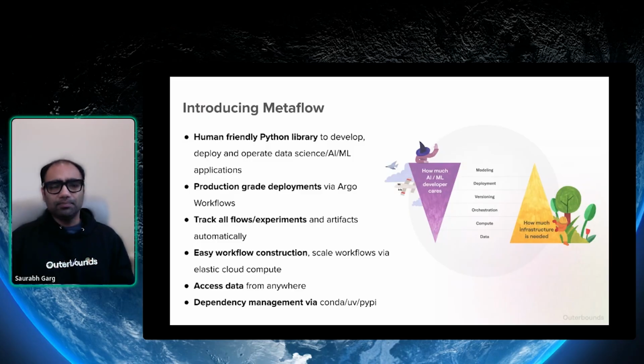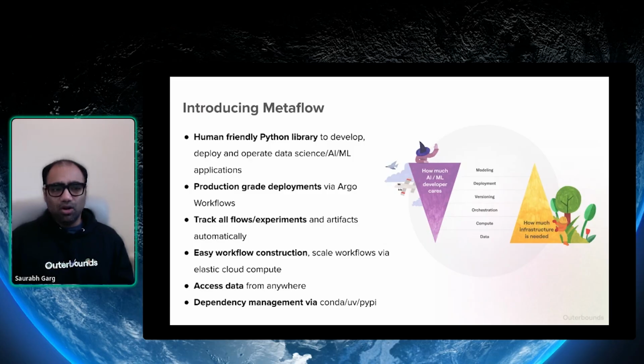Now, coming to the other side of the house, which is more in the domain of a compute admin, are the other 3 pillars, which are orchestration, compute, and data. Once the data scientist has written their code, they want to be able to run it either locally or against cloud compute without having to do any sort of magic when it comes to setting up the connection between their local laptop and cloud compute.